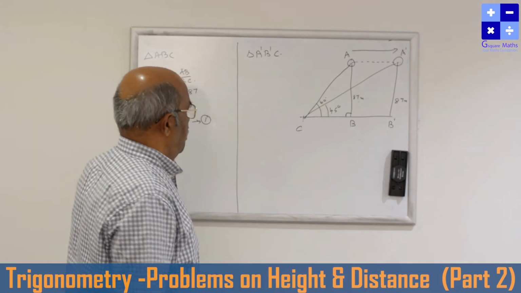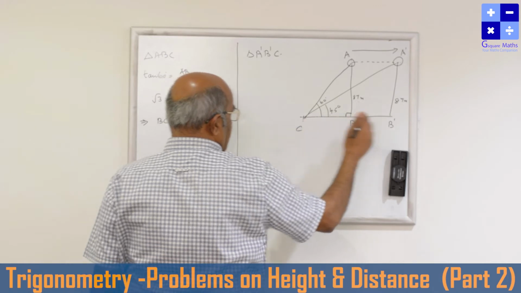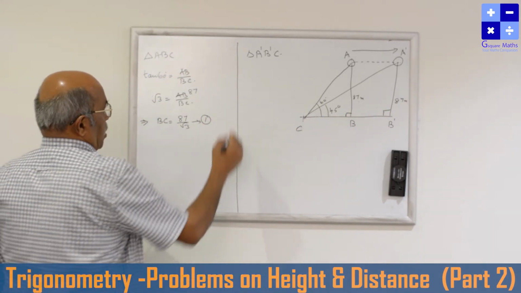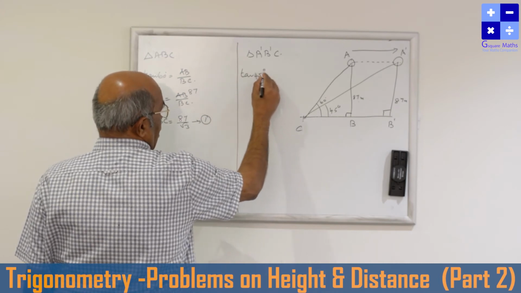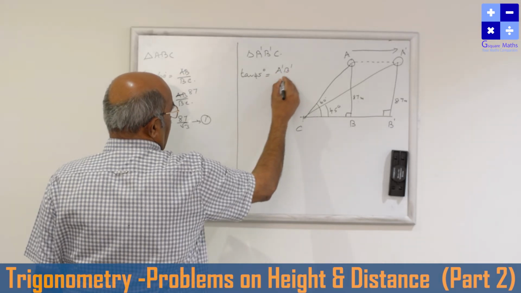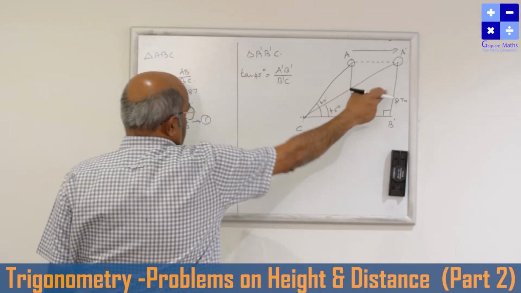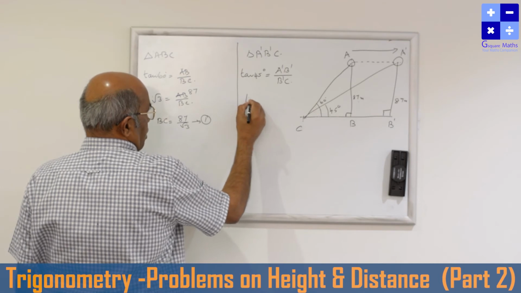Come to this one. In the right angle triangle A dash B dash C, at B dash, tan 45 is equal to A dash B dash by B dash C, opposite side by adjacent side. So tan 45 is 1.